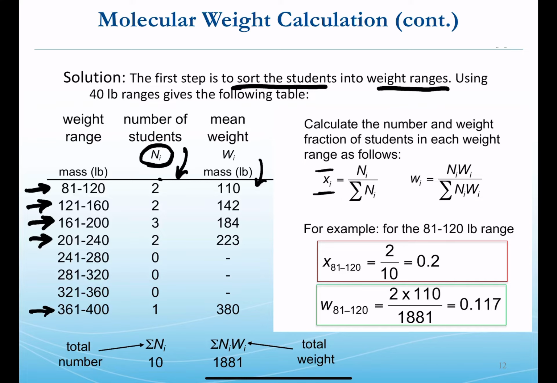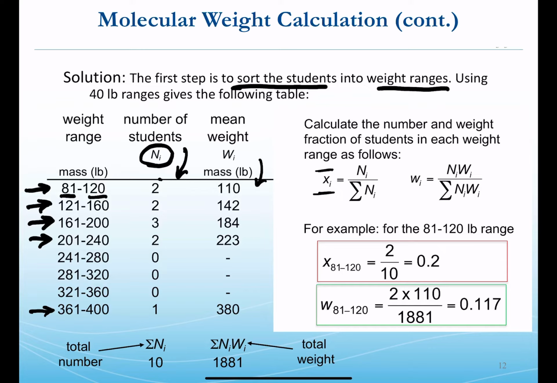So the mean weight of the bin, that is the average between the limits here, is 110 pounds. If we take the average of 81 and 120, we'll end up with 110 pounds there. Likewise for the next bin, the average there is going to be 140, and likewise for the next bin, 184, etc.